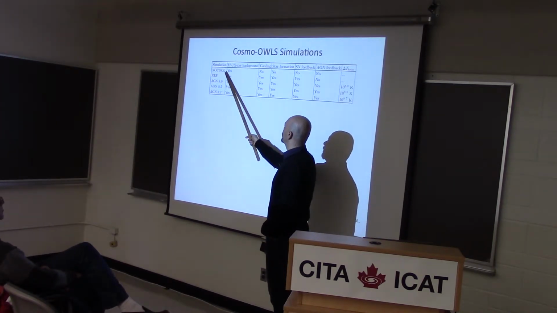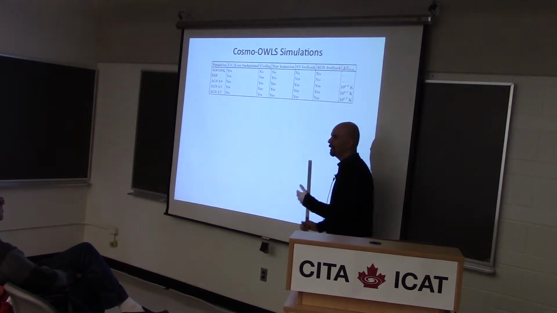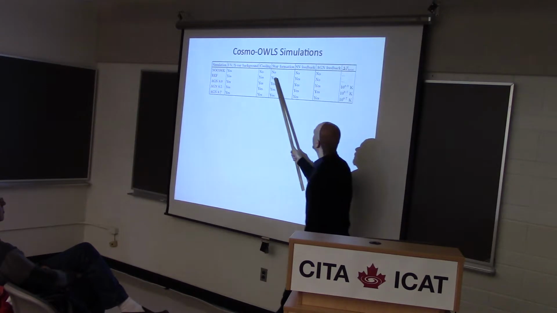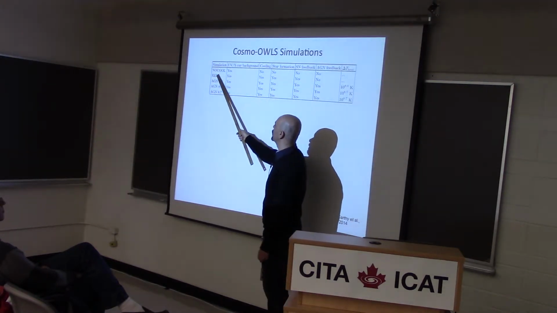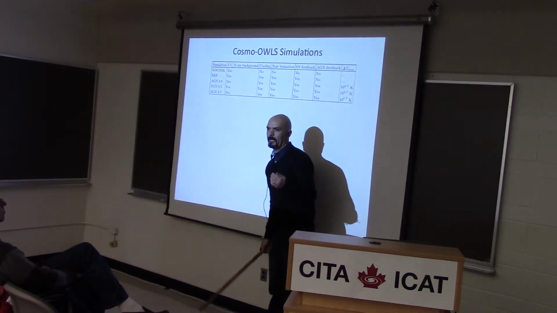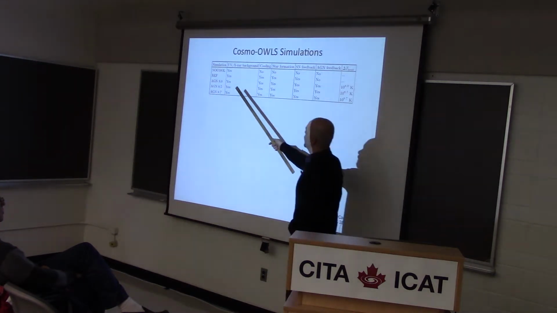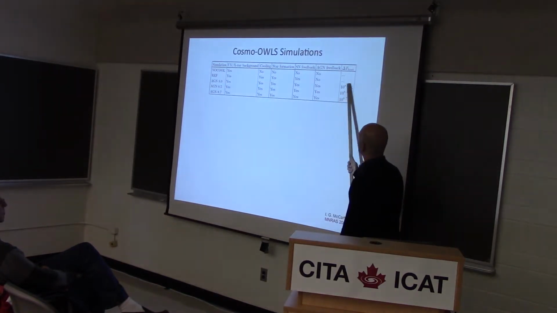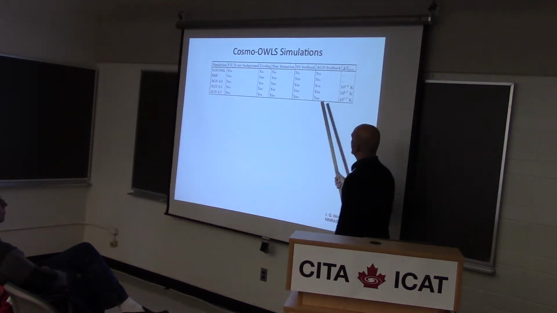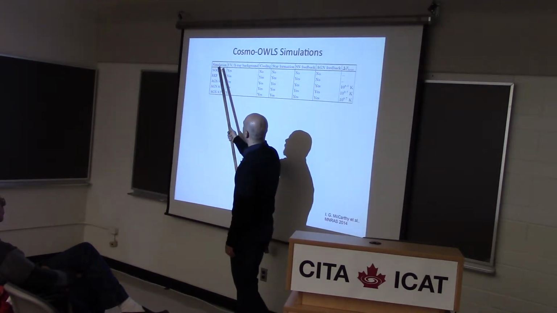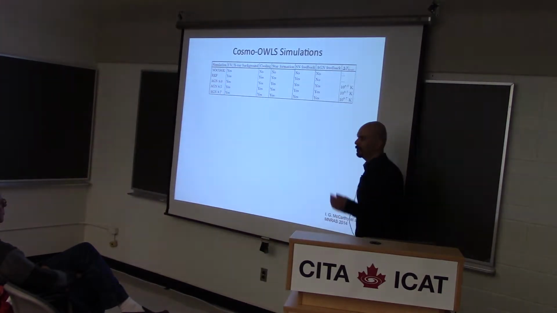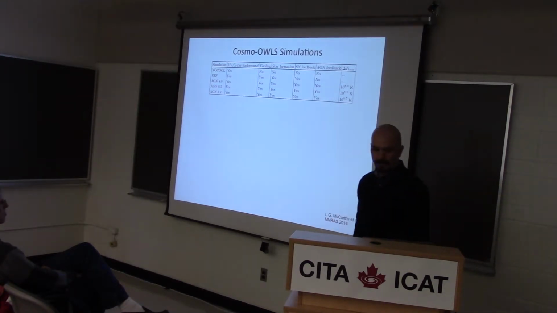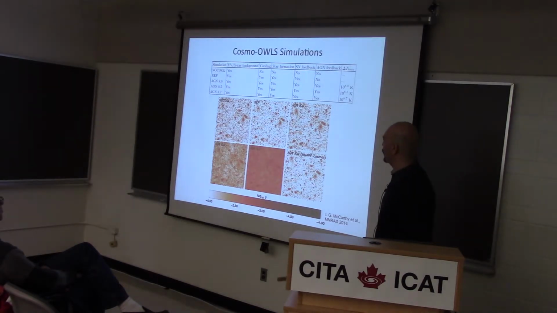You have a no-cool case where there are no cooling and star formation processes. But then you can add these cooling processes in the ref model. And you can also add different AGN feedback models, AGN with different power, depending on how hot the AGN feedback is. So you have this wide range of baryon feedback that you could use to study the impact on your tSZ signal.